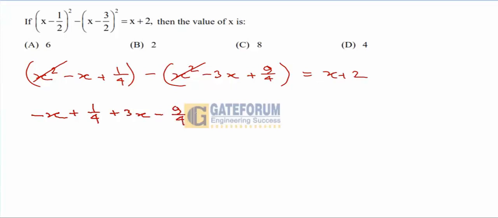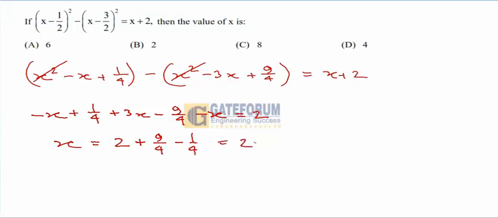This x will come to that side, so this is minus x, and this will be 2. So naturally this would be x only remaining, because minus x and plus 3x is x, and that would be equal to 2 plus 9 by 4 minus 1 by 4.